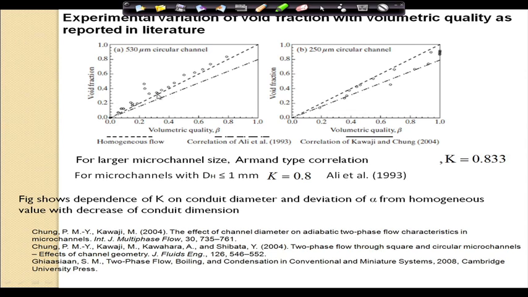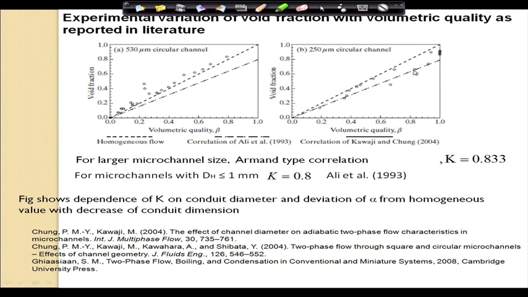We also find one more trend. The deviation of alpha from beta is more at higher void fractions, and if we recollect, under these conditions the flow is annular.